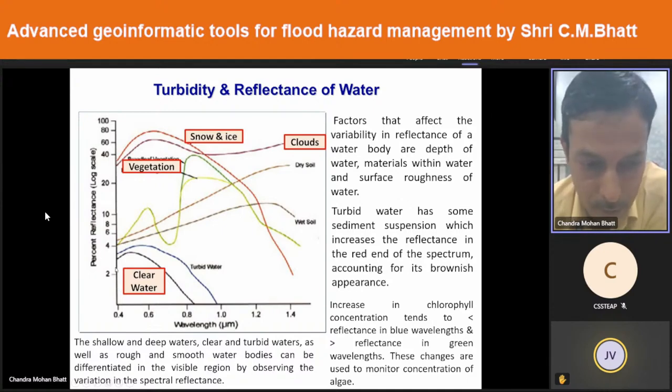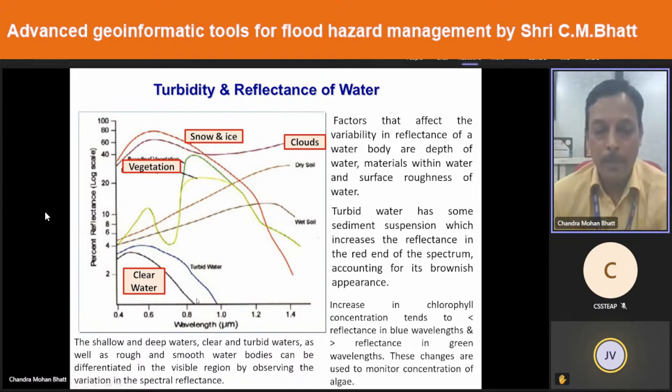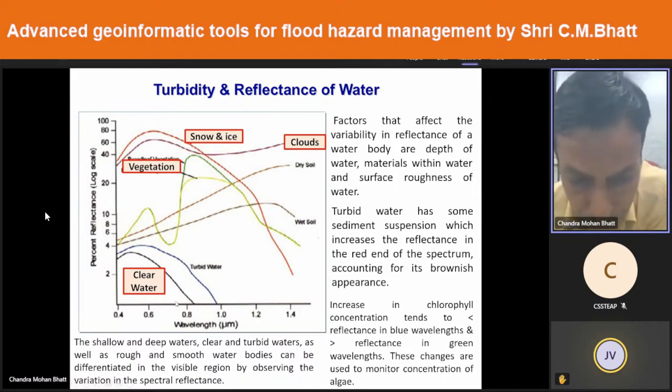If it is clear water, then in the NIR range the wavelength gets completely absorbed, and you have a darker appearance or darker tone in the NIR band for water.